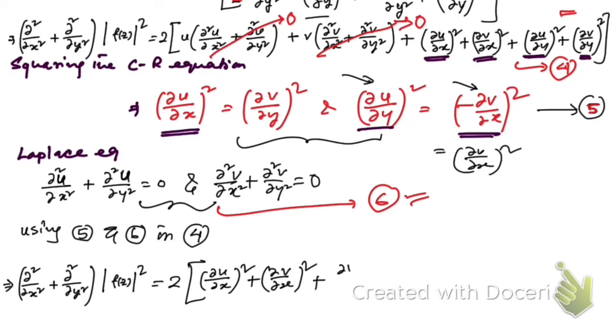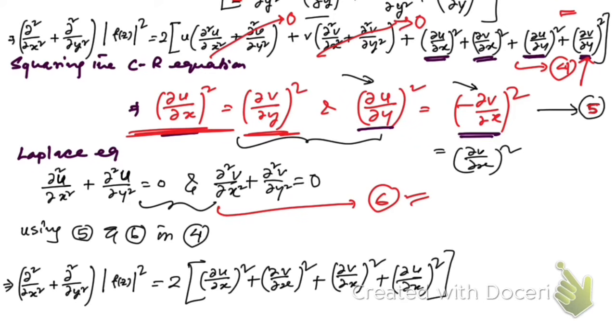Then plus, again we can replace del v by del y by del u by del x, so then what we're going to have is (del u by del x) whole square, right? That's what we're going to have.